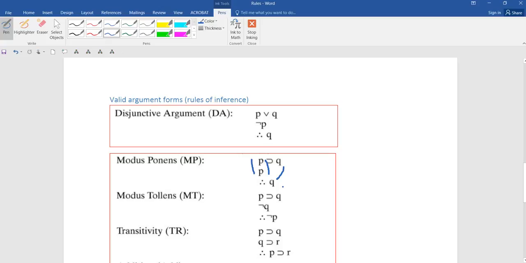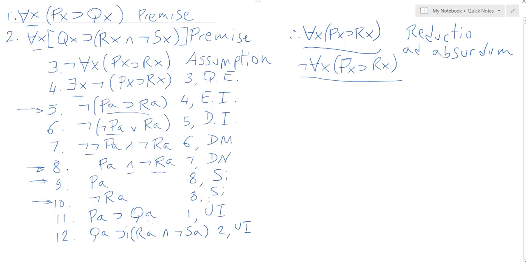And that's exactly the situation that we have. Here we have a conditional. If PA, then QA, it's here in line 11. And then we have another line that is the same as the antecedent.